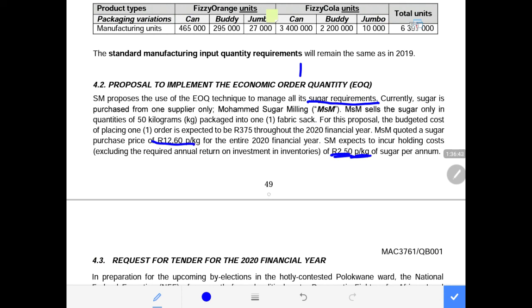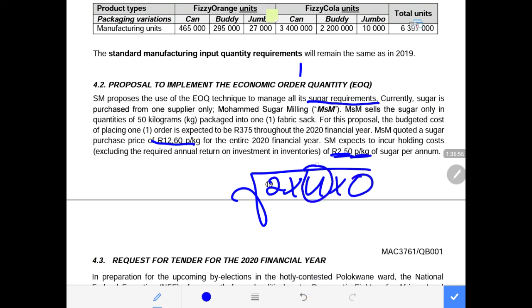Now that means when we look at our EOQ, which is the square root of 2 times U times O, U being the annual demand. The annual demand must be in kgs of sugar, because the holding cost of R2.50 is also per kg, plus the price which is R12.60 is per kg.